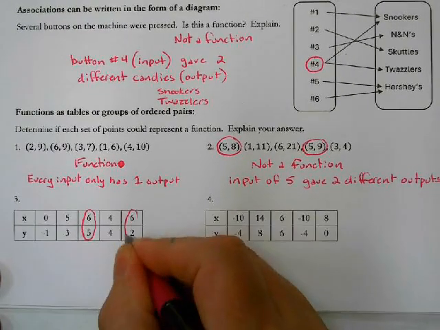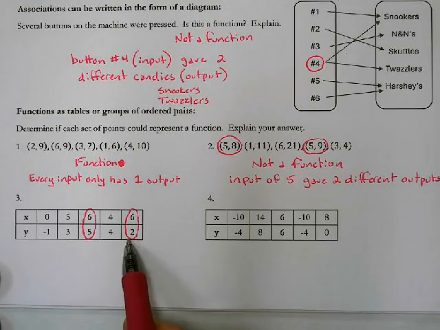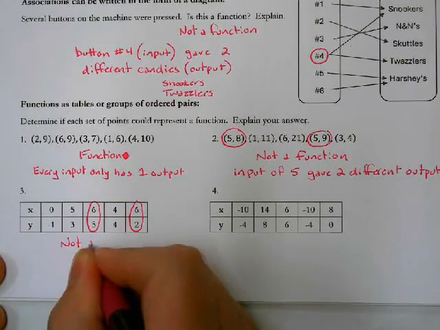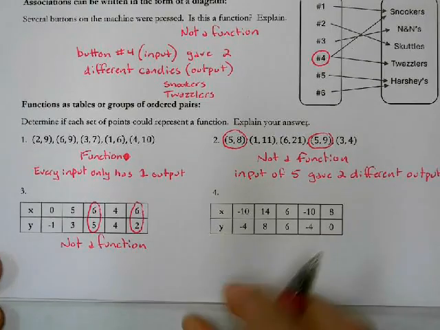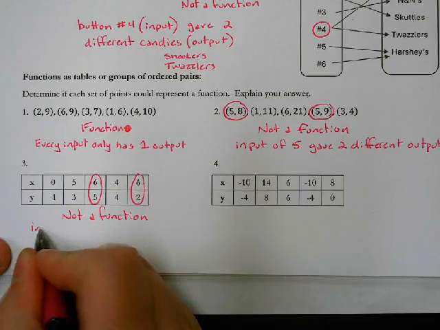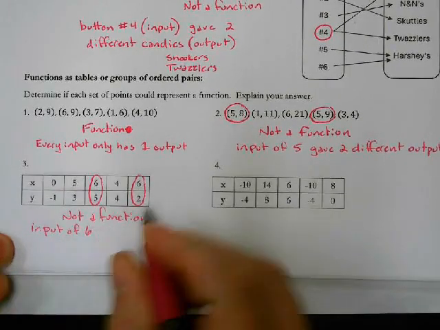That's a problem. Input of 6 is giving me two separate outputs. So this is not a function. So the input of 6 gave two different outputs.